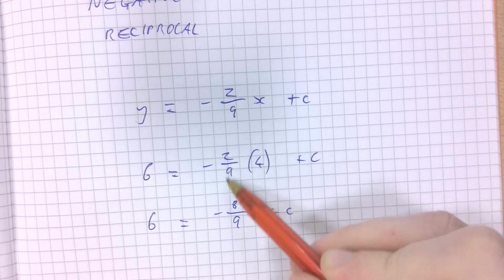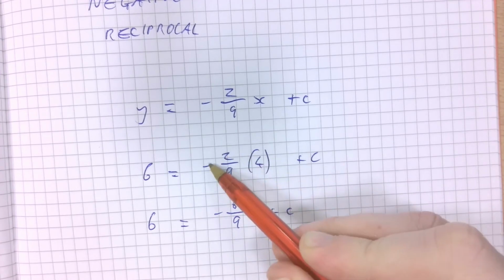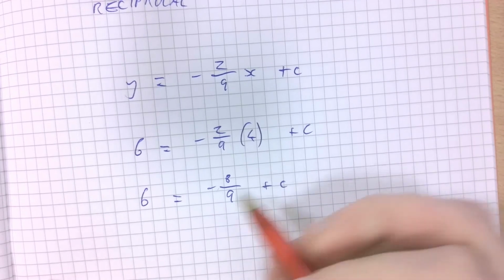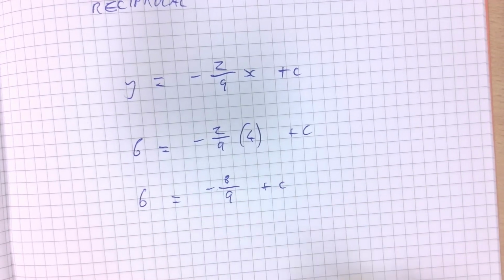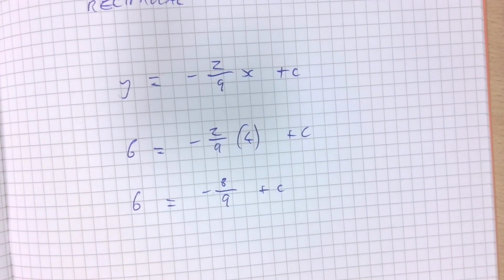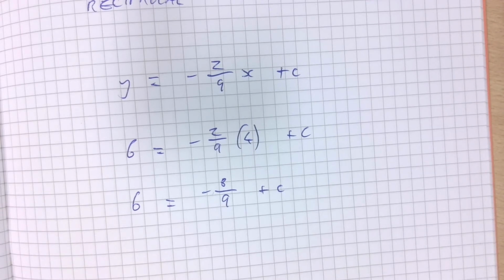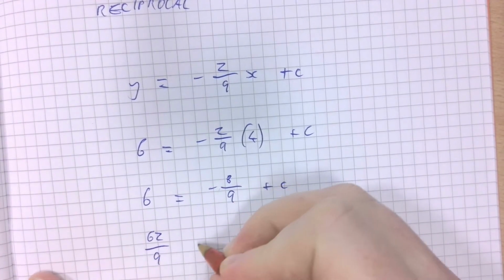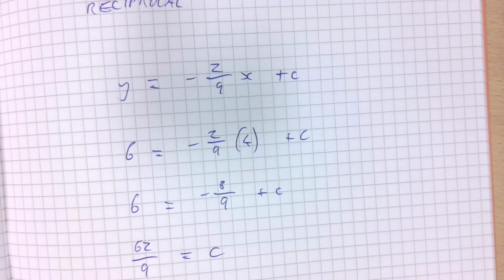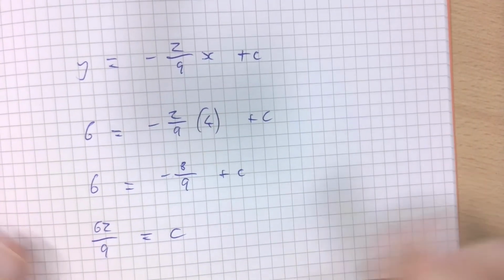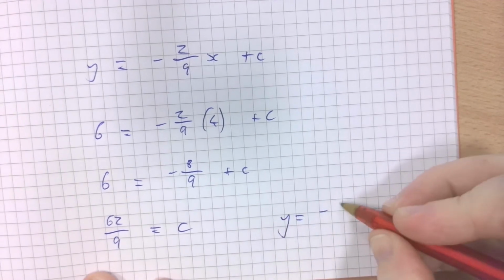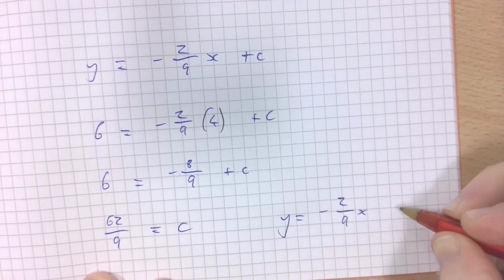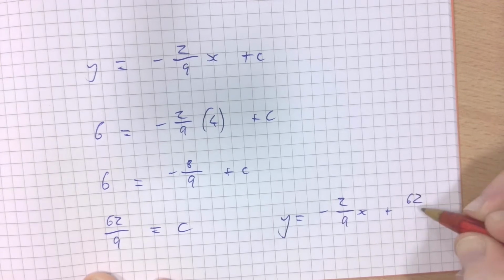It's -2/9 times 4; 4 lots of -2/9 is -8/9. Adding that to both sides gives you 6 and 8/9, which, just checking, is 62/9 when expressed as a top-heavy fraction. Okay, so my final line equation here is y equals negative 2 over 9x plus 62 over 9.